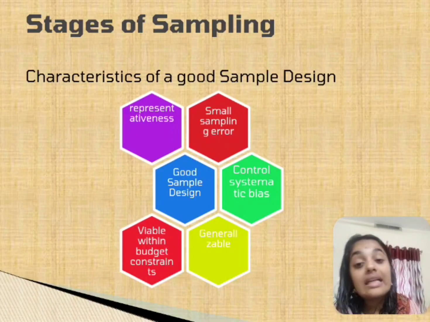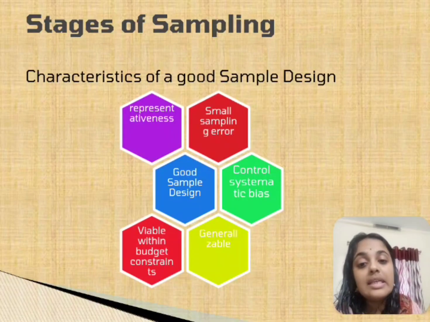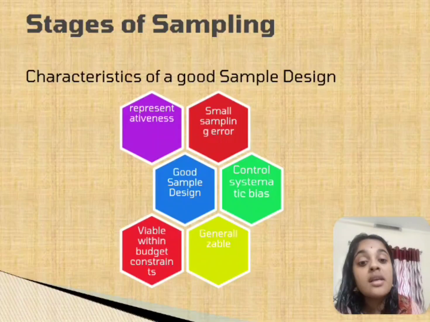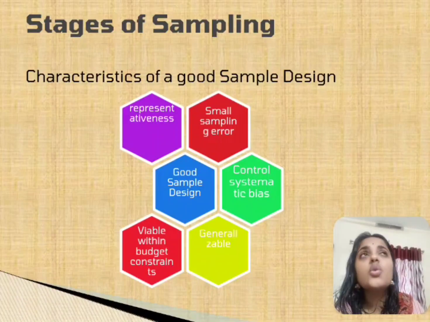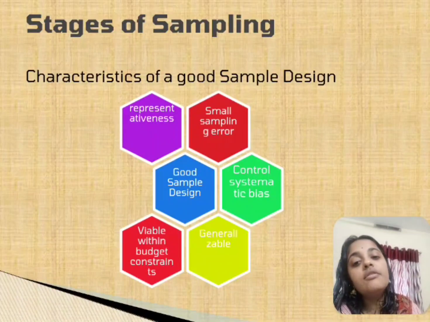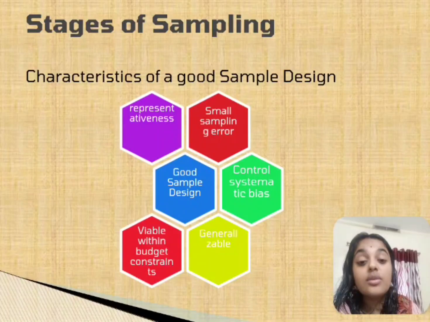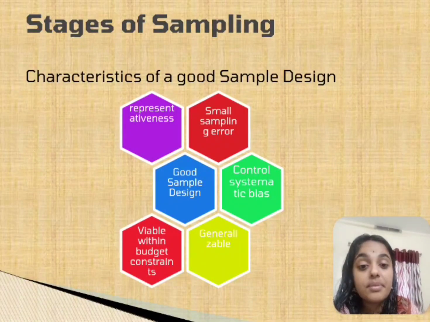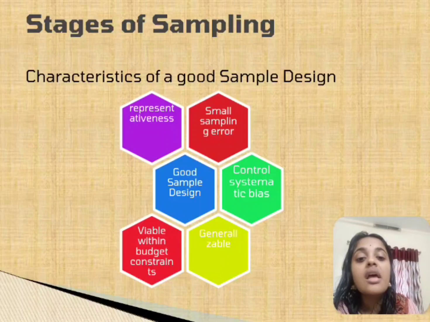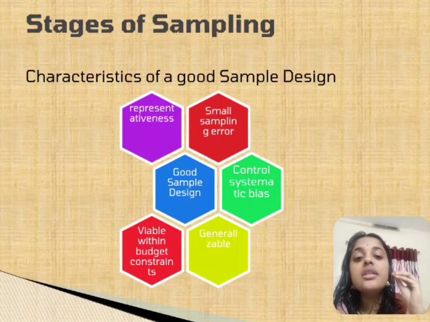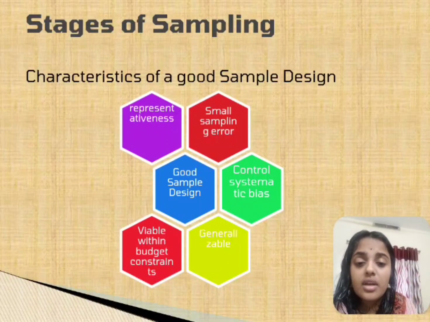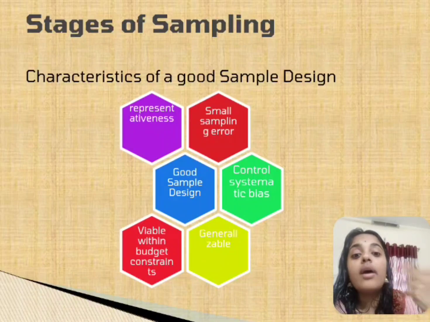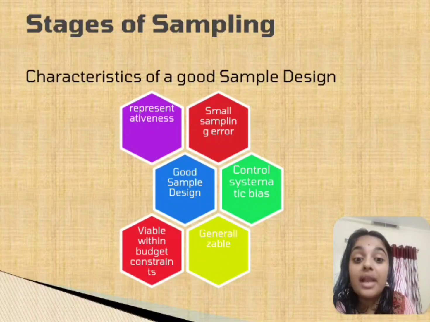Now, the characteristics of a good sample are given. The first one is representativeness. We are selecting a sample from the given population, so the sample is supposed to represent the whole target population, and the results that we obtain from the research should also be viable and applicable to the target population.